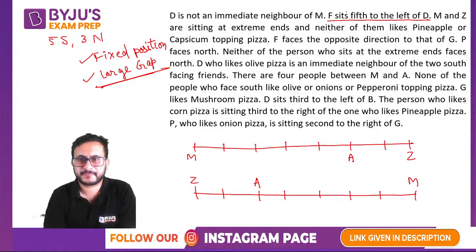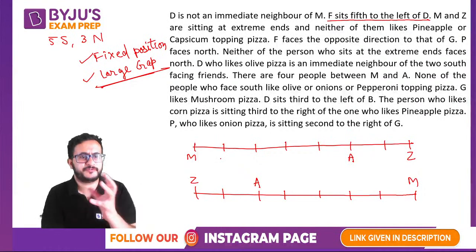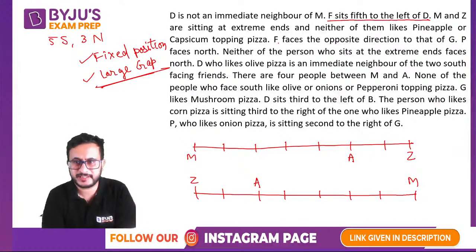And D is not an immediate neighbor of M, right? So D is not an immediate neighbor of M. F is fifth to the left of D. First of all, we do not know the directions. Let us see if we have directions given anywhere.